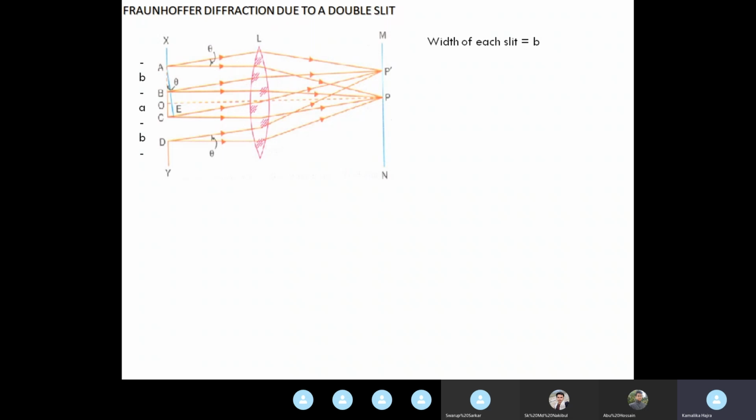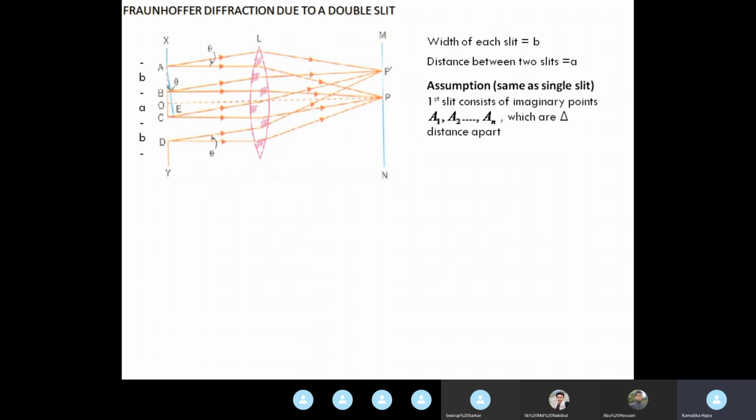All right, so let us describe the setup a little bit. The width of each slit is b. Each slit has a wideness of b units, and the distance between two slits is a, that is the width of the opaque space between the two slits is a. Now the assumption in order to do the mathematical analysis is the same as that we had done in a single slit.